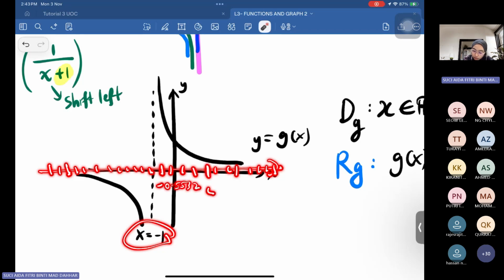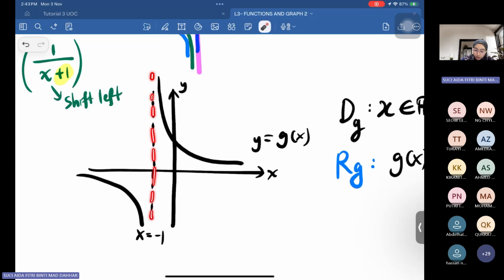It could be +5. It could be positive 100. It could be negative, for example, -5/2. Any number, literally, as long as it is not this number, because this curve will never meet this line. Never. That means your x cannot be -1.